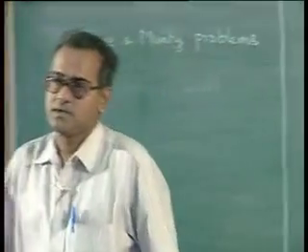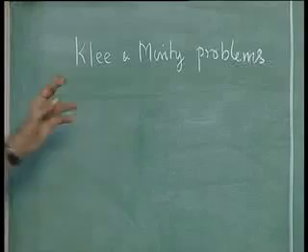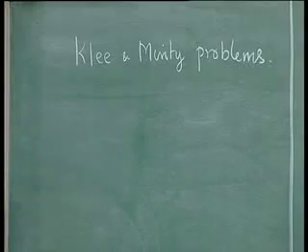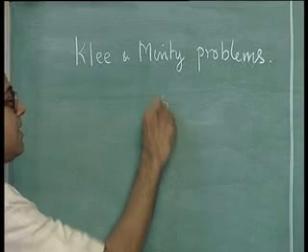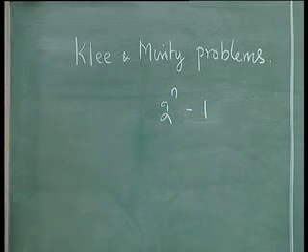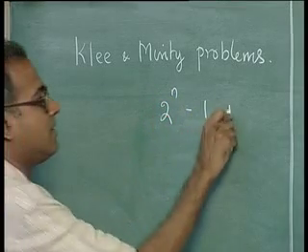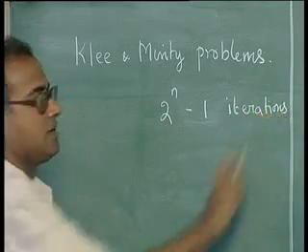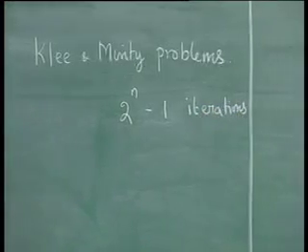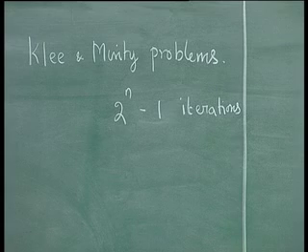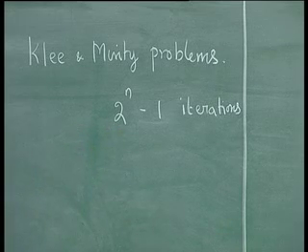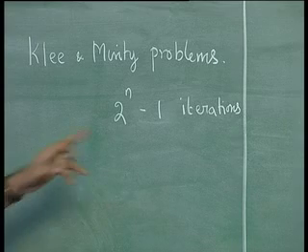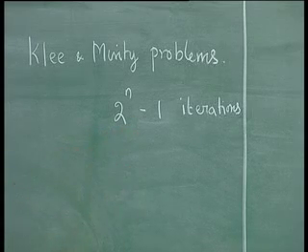In the last class, we looked at the Klee-Minty problems and said that they would take 2 to the power n minus 1 iterations if there are n decision variables in the problem. We also saw that there could be indirect ways of overcoming this difficulty, particularly for the Klee-Minty problems.